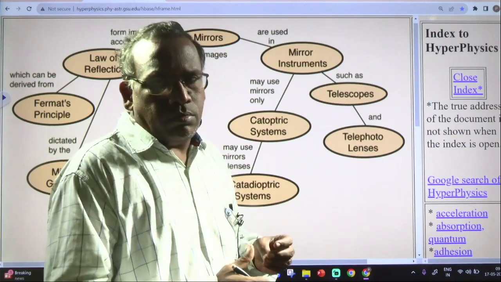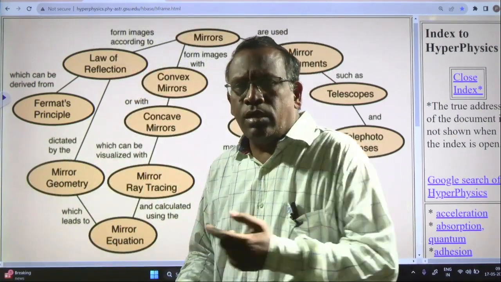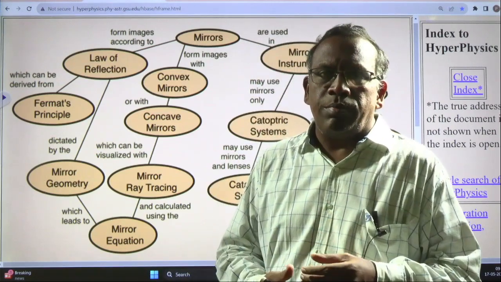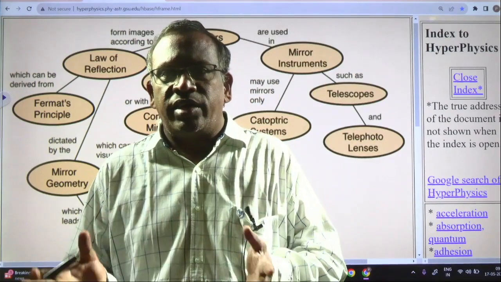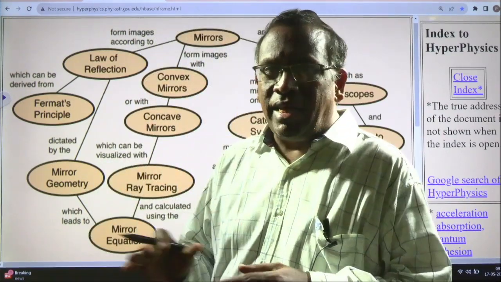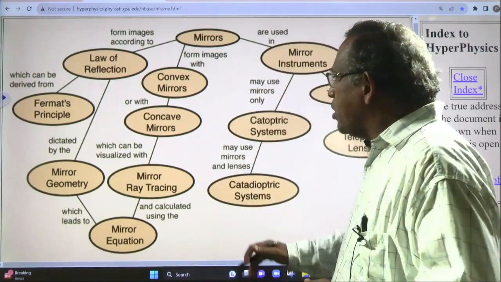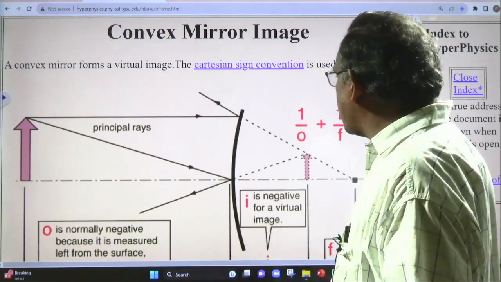Second law, the angle of incidence is equal to the angle of reflection. In some books a third law is also mentioned: the incident ray and reflected ray lie on either side of the normal. Of course, convex mirrors, we just discussed.